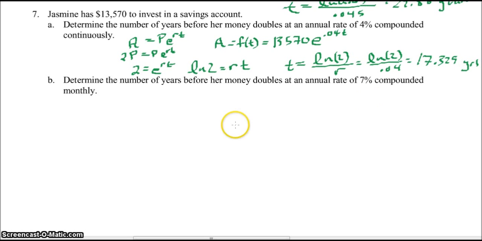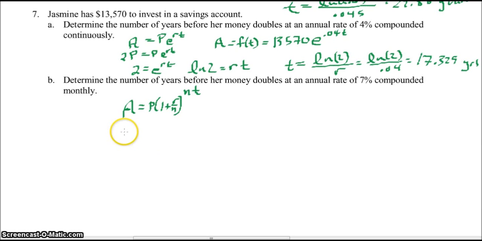Part B, determine the number of years before her money doubles at an annual rate of 7% compounded monthly. So if we're compounding monthly or quarterly or annually, n is the number of times compounded per year, t is the time in years, r is the rate as a decimal, P is the present value, A is the future value.